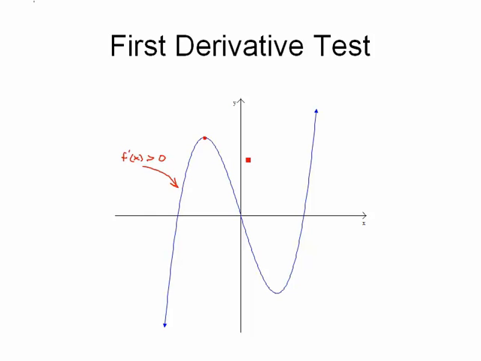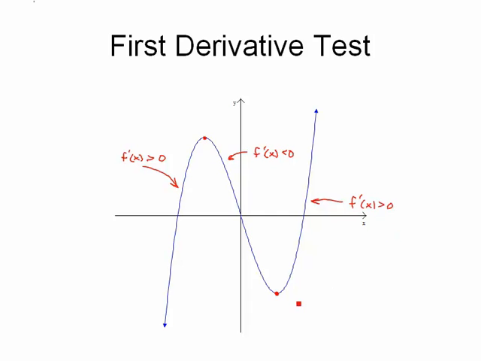If I were to look on the other side, I'd see that f prime of x is negative. So when we have a bump, or when we have a relative or local maximum, the slopes are going to be positive on the left and negative on the right. On the other hand, if we have a local minimum, it's going to go from negative to being a derivative that's positive.